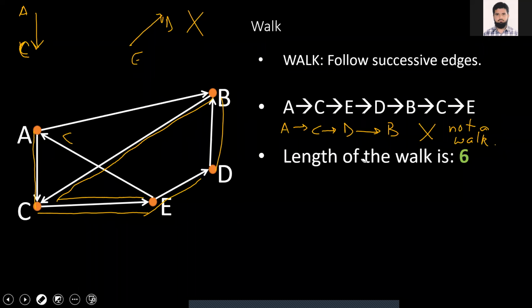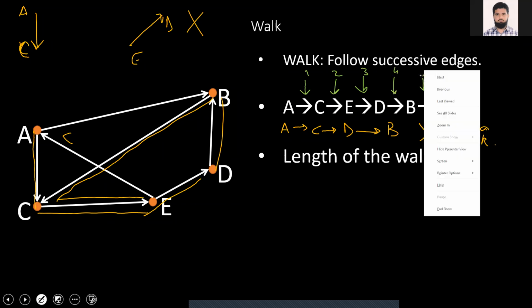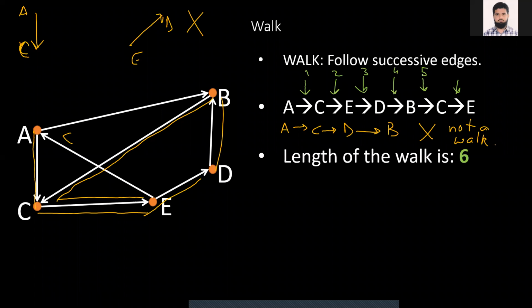In our example in the slide, we have 6 edges: an edge from A to C, C to E, E to D, D to B, B to C, and C to E. That comes to 1, 2, 3, 4, 5, 6.